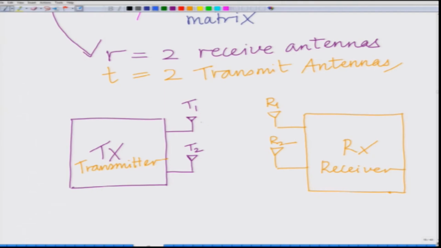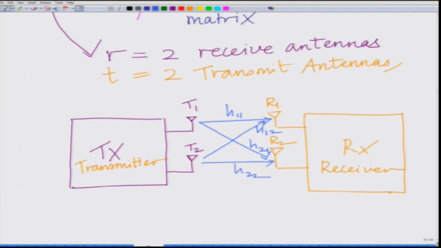The channel coefficients are H11 between transmit antenna 1 and receive antenna 1, H21 between transmit antenna 1 and receive antenna 2, H12 between transmit antenna 2 and receive antenna 1, and H22 between transmit antenna 2 and receive antenna 2.